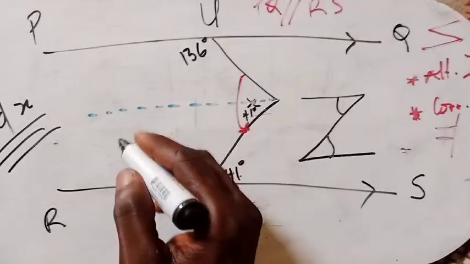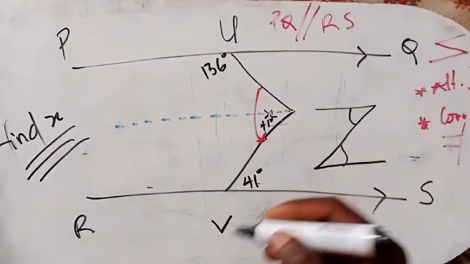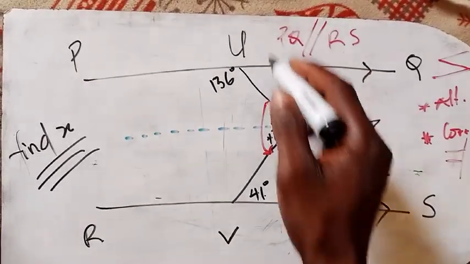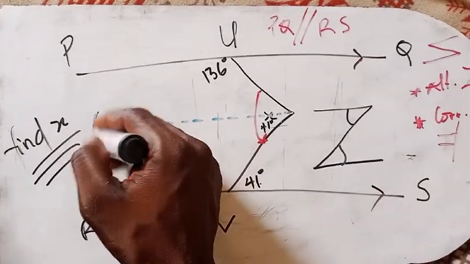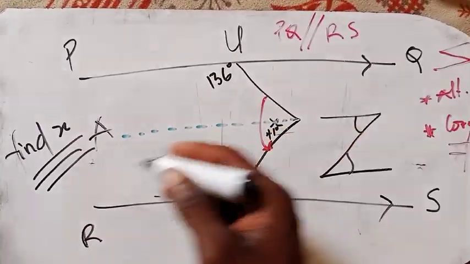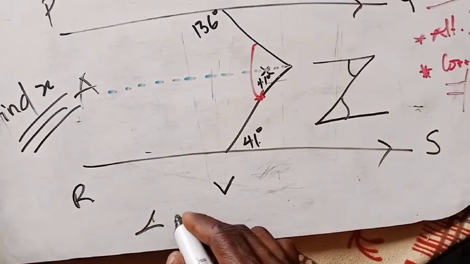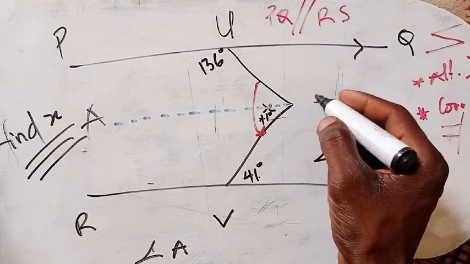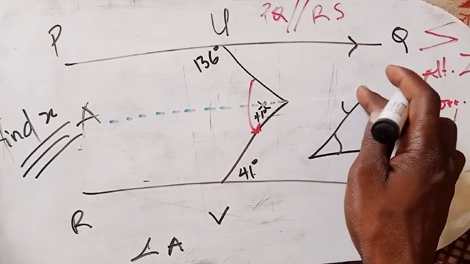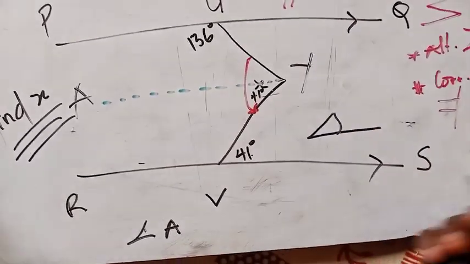So how do you write that? Maybe you can name here any letter of your own choice, but remember that the letter shouldn't already appear in the question. So this can be capital A, right? We don't care about the letter that you are using. So here you say angle A, and then here you give this side a certain name. Let's say that could be capital Y, any letter of your own choice.